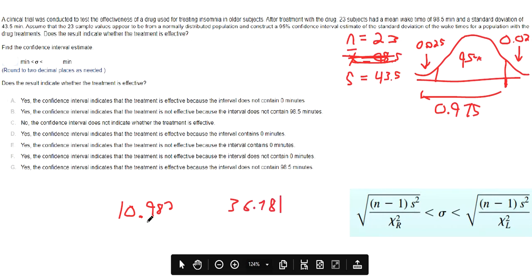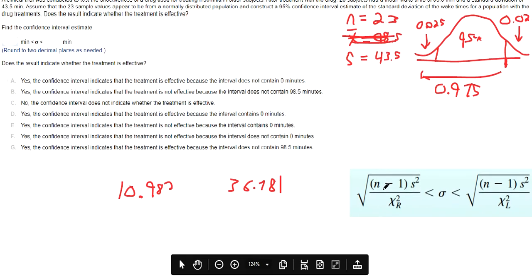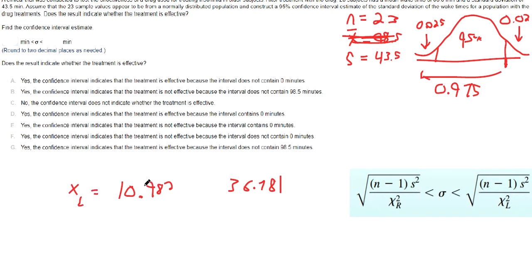The way you're going to know which one's chi-squared sub r or chi-squared sub l is that the left-tailed area is supposed to be less. So whatever calculator you're using, you know that the left tail area is supposed to have a smaller chi-square than the right tail area. Just like with z and t, the further to the right you go, the larger your critical value or test value.